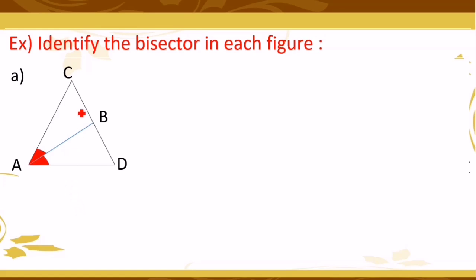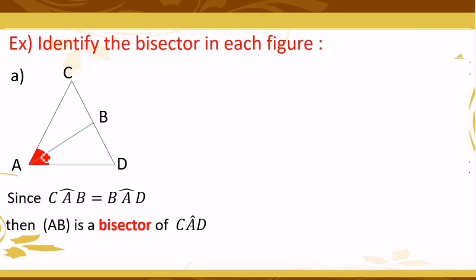In figure A, we have angle CAB equal to angle BAD since the two angles are marked by the same color. So the line BA divides the angle CAD into two equal angles. So we can deduce that the line AB is the bisector of angle CAD.